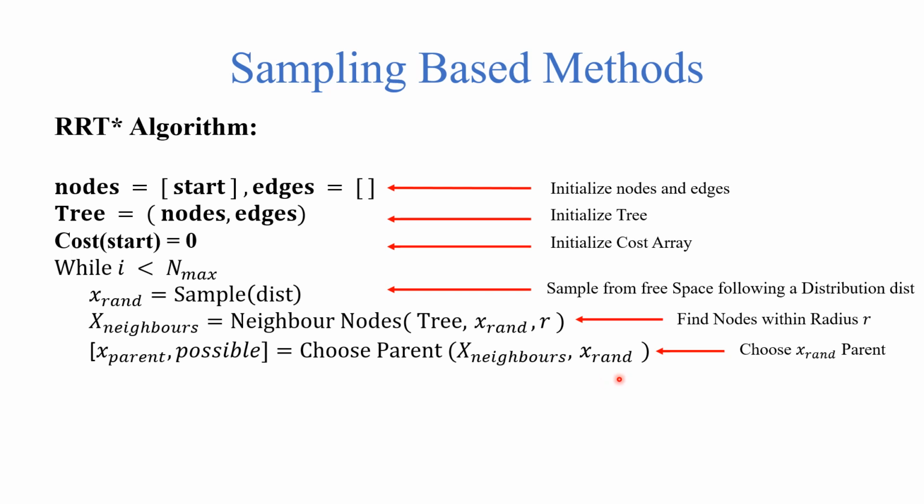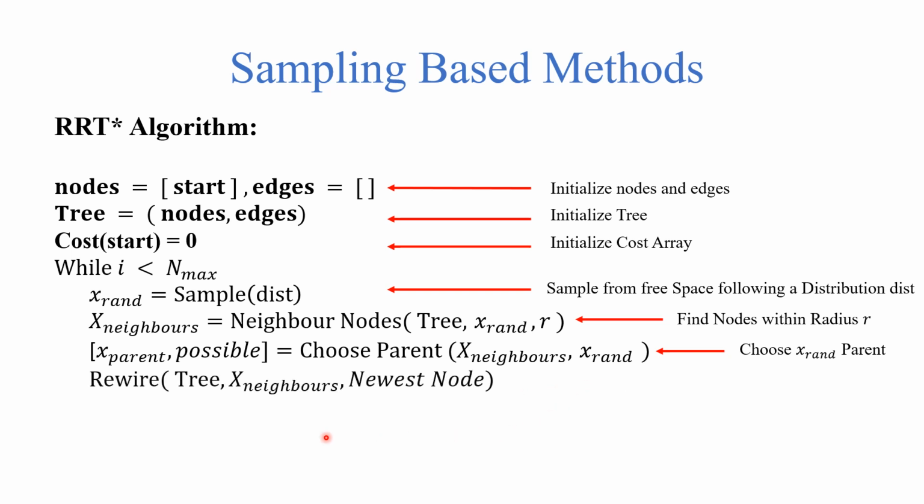So for example, we're going to add xrand to our tree. Now we scan the nodes in the neighbor set and we try to find the parent to xrand that will yield the minimal cost length to xrand if added to the tree.